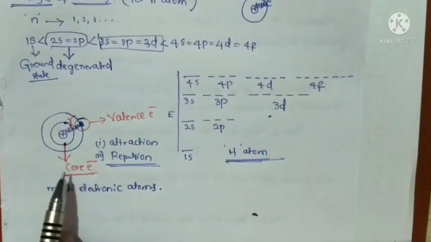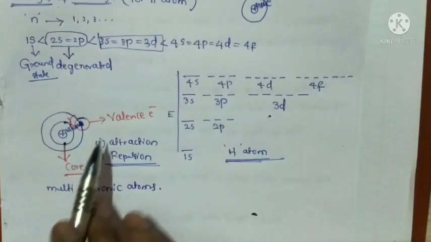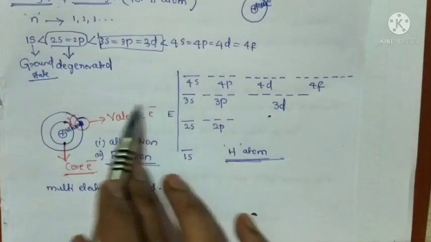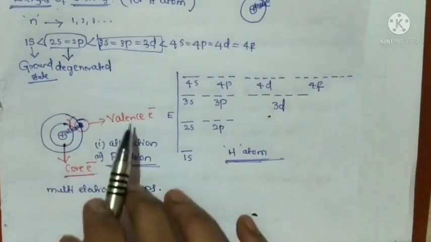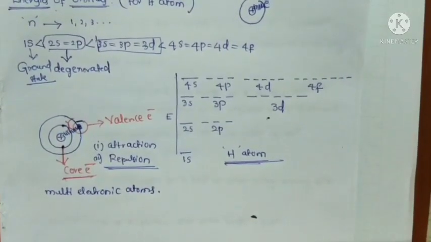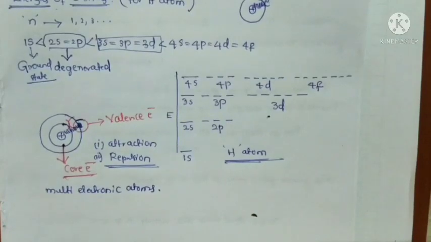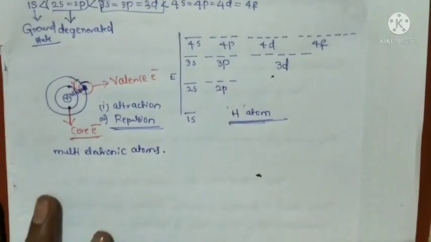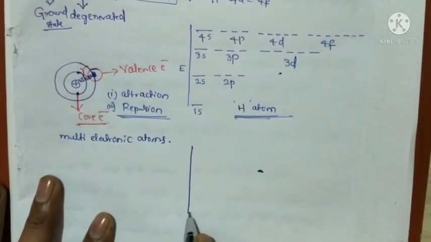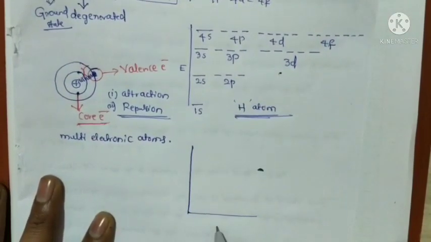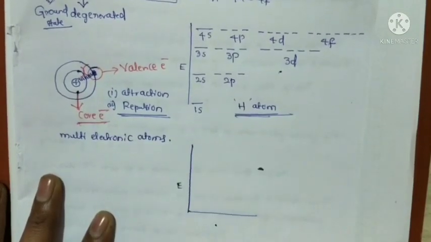Core electrons are also called inner electrons, and valence electrons are also called outer electrons. We call them inner electrons and outer electrons. For example, we see the energy levels for a multi-electronic system, the relative energies.